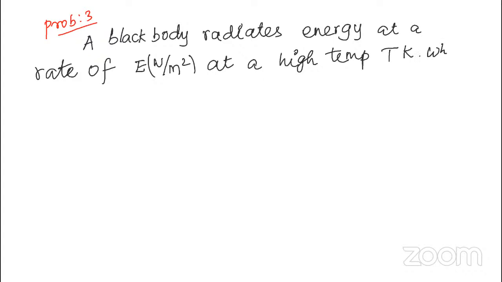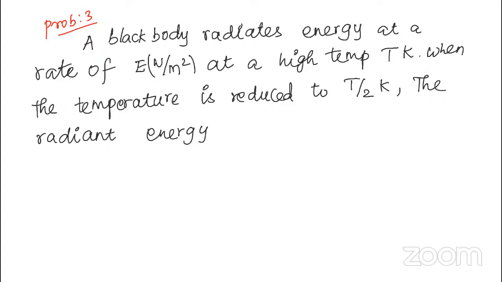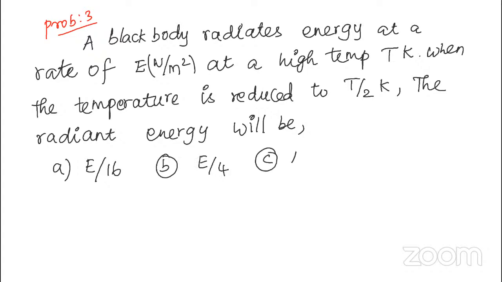When the temperature is reduced to T by 2 Kelvin, the radiant energy will be: option A, E by 16; option B, E by 4; option C, 4E; and option D, 16E.